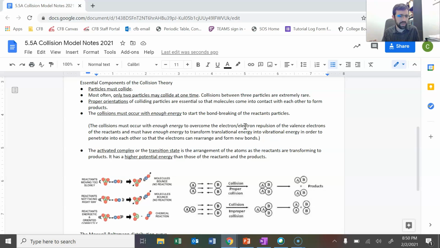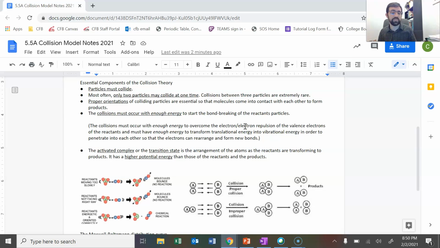And this is kind of how that happens. It has to have enough energy to overcome the repulsion of that outer shell of electrons. Remember, electrons repel each other, so when two molecules get close to each other, they've got to come with enough energy to overcome the initial repulsion that they're going to feel. So they have to hit hard enough to overcome that.